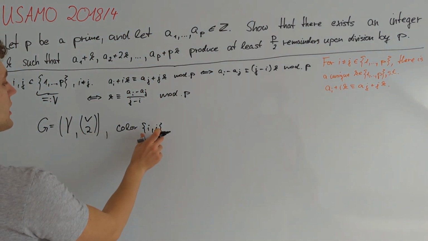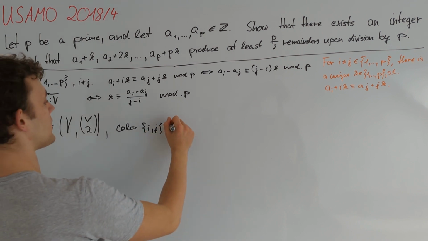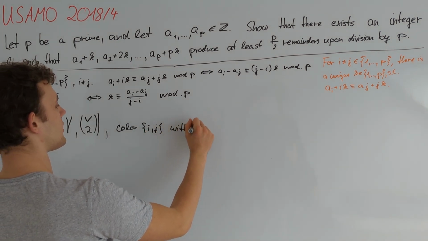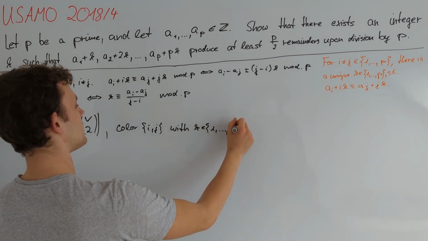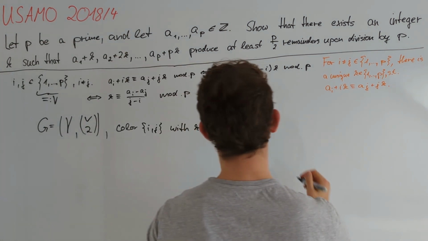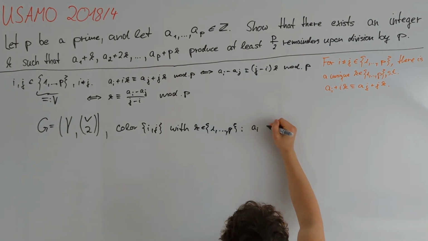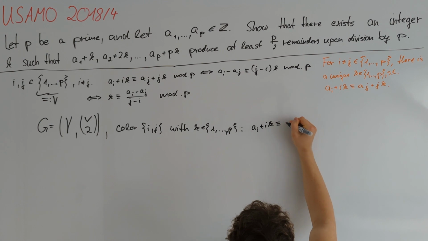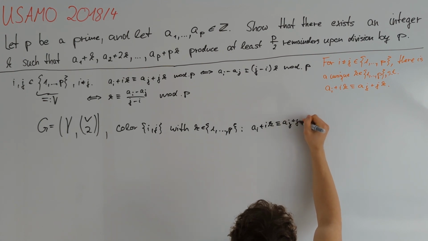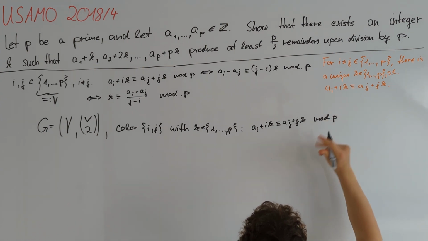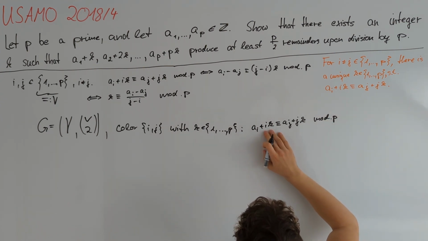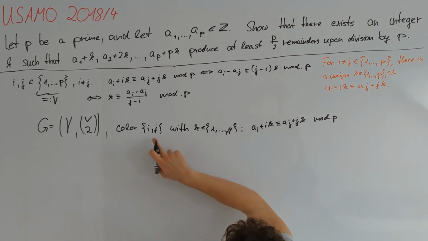So color the edge i, j with k in 1 up to p, such that ai plus ik is congruent to aj plus jk modulo p. And again, this works because we know that we can always find such a unique k in this set for i and j distinct.